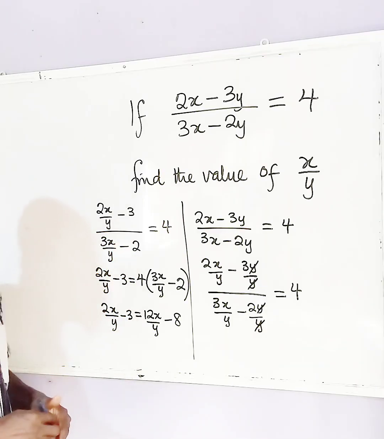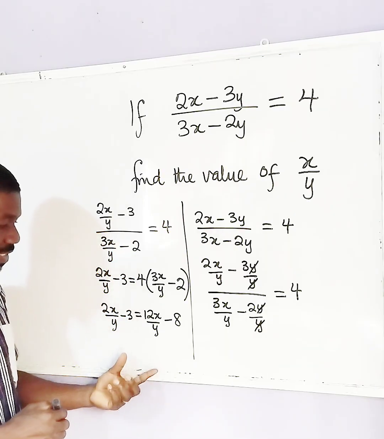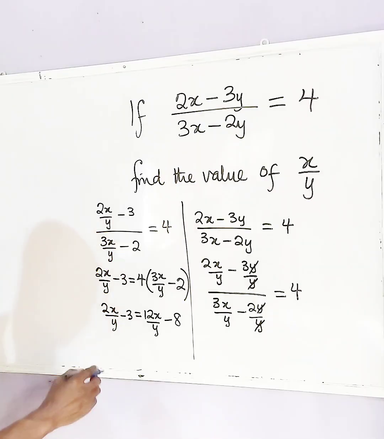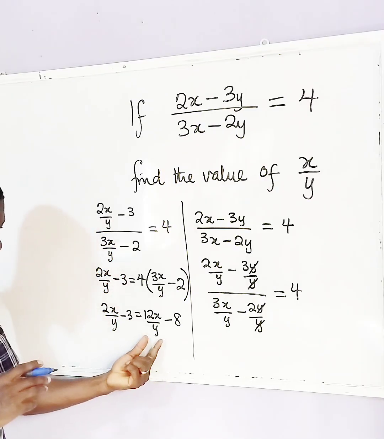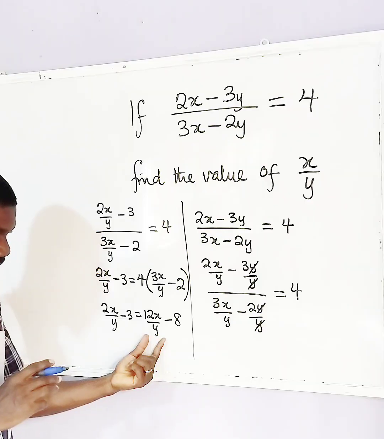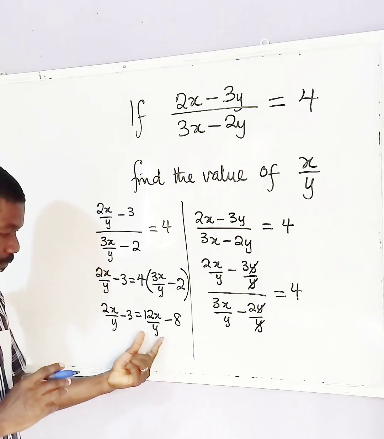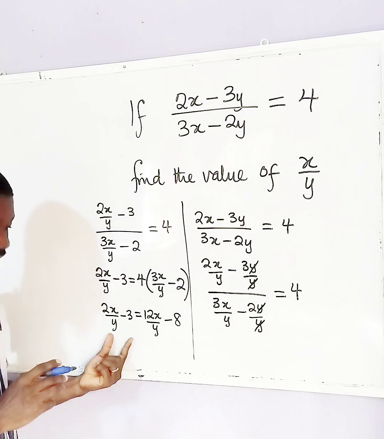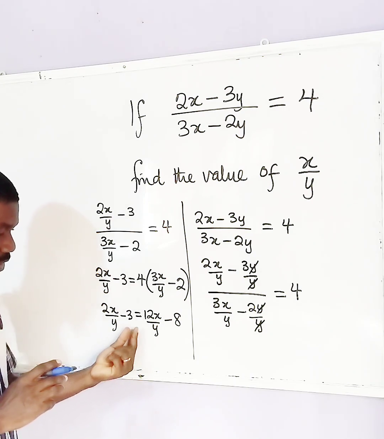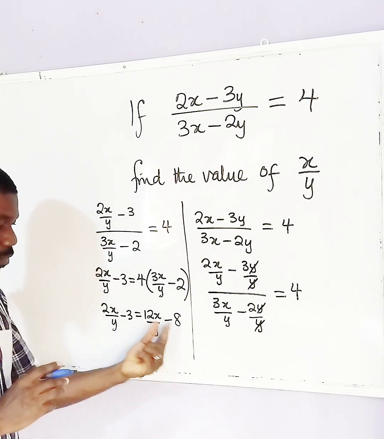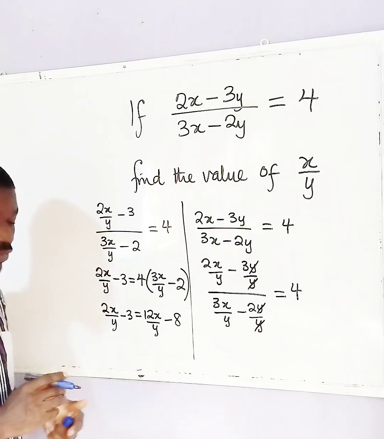The next thing we need to do here is to collect like terms. By collecting like terms, the 12x over y comes over to the left hand side and becomes negative, and the negative 3 moves over to the right hand side and becomes positive.